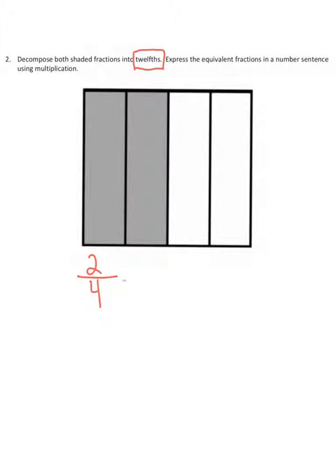But now they want us to create an equivalent fraction, and we want it to be in 12ths. So how in the world am I going to get from 4 to 12? Well, it looks like we're going to be multiplying by 3. And whatever we do to the bottom, we got to do to the top to get 6/12.